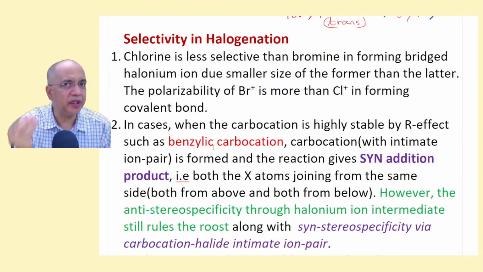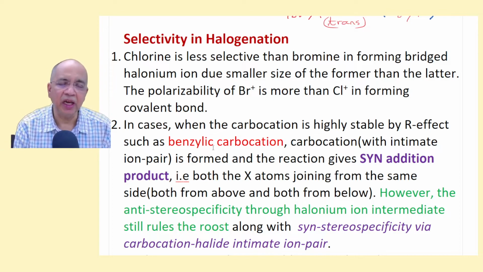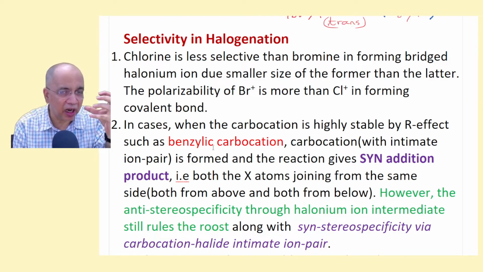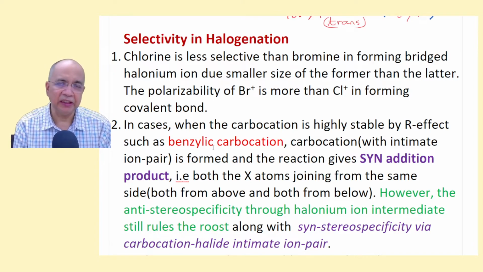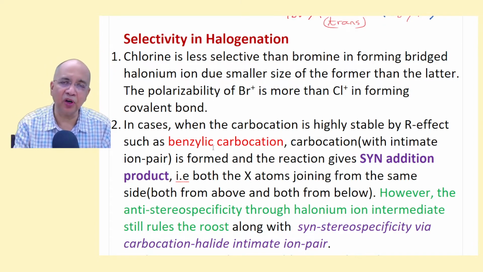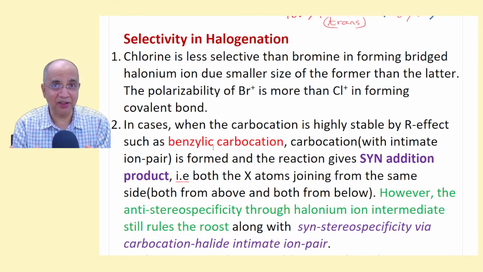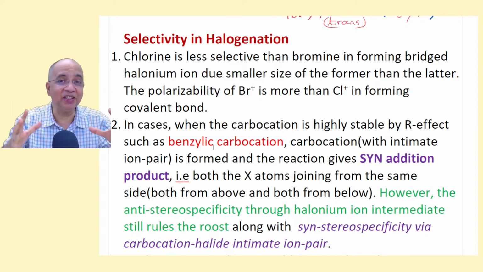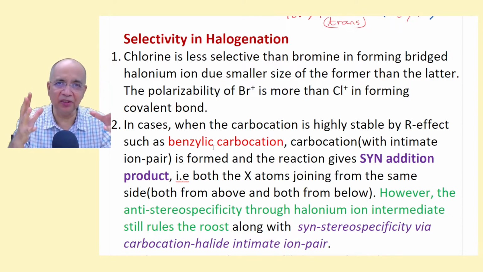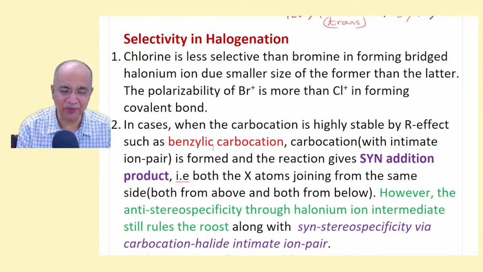But in some cases, recent research has revealed that where there is high resonance stabilization, some rearranged product is found. But the anti-stereospecificity is the rule of the roost. I mean, it is the prevailing mechanism.